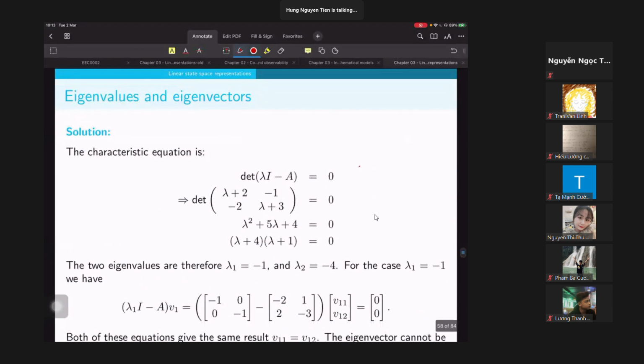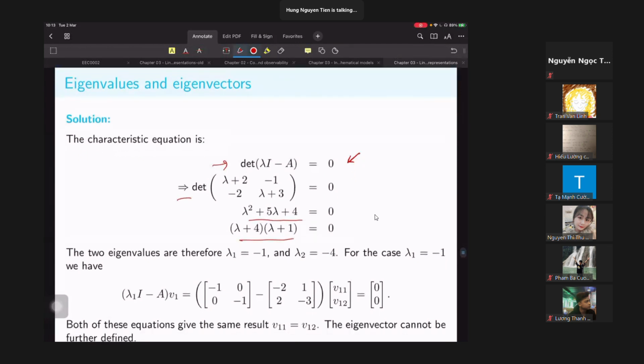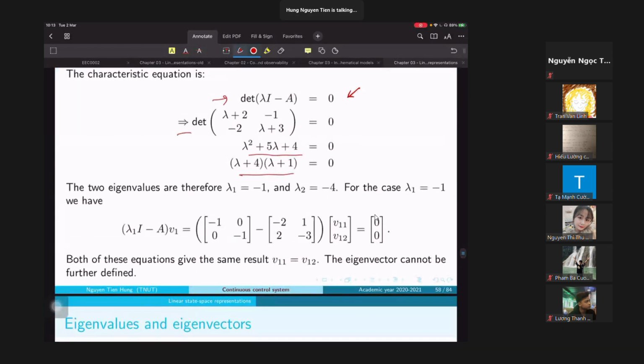Again, we calculate the determinant of lambda I minus A, like this. And we find this. In this case it's easy because this will have only second order. So we'll find that the first eigenvalue, number 1, is minus 1, and the second eigenvalue, number 2, is minus 4.